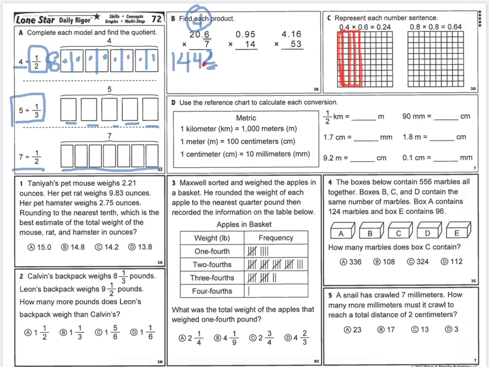So this would be my 4/10. And then horizontally, we're going to shade in 6/10. Either up at the top or down at the bottom, it's up to you. But you're going to shade in 6/10. So there's 1, 2, 3, 4, 5, 6.